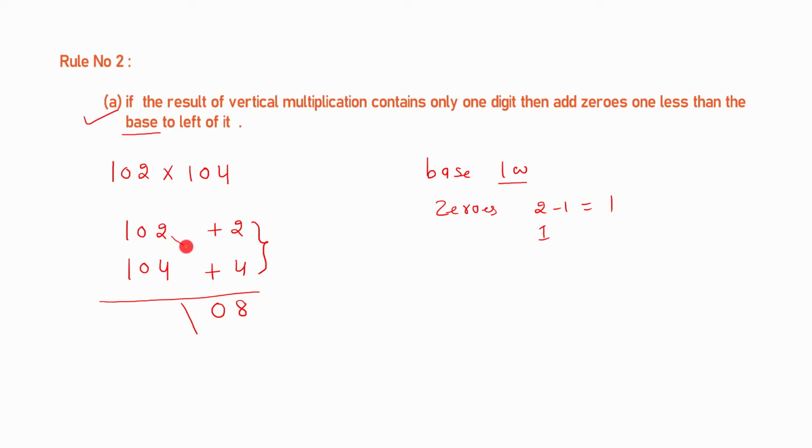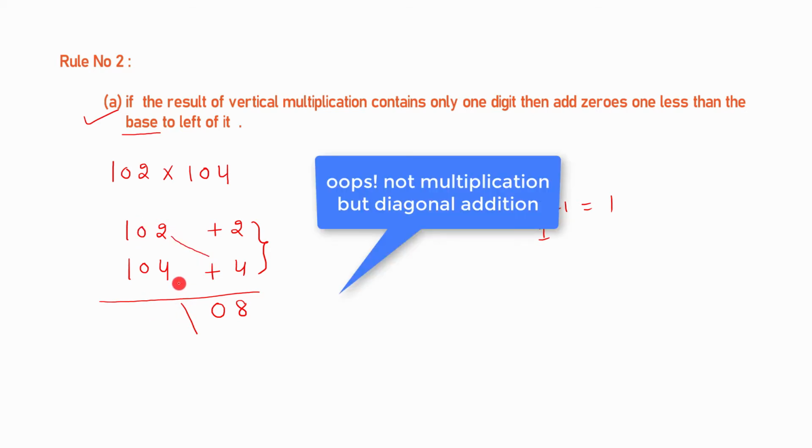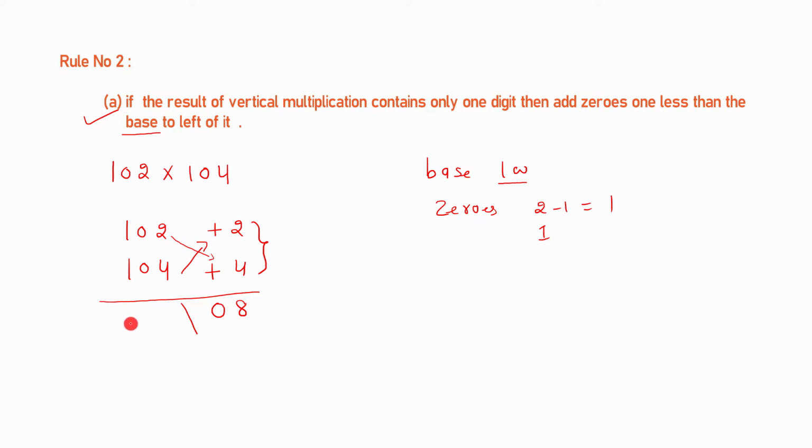And second is diagonal multiplication. Either we take 102 plus 4 or 104 plus 2. Both ways we get the same answer, that is 106. So 102 into 104 comes out to be 10,608.